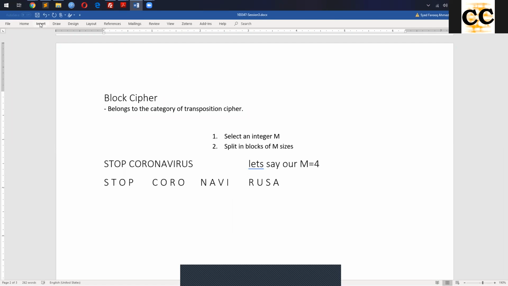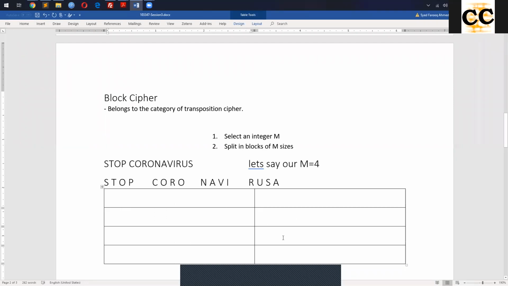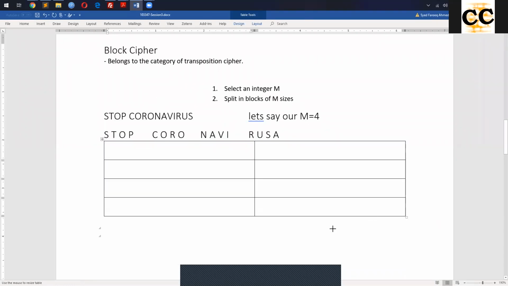And next what we do is we come up with a function, and we call that function the function phi.